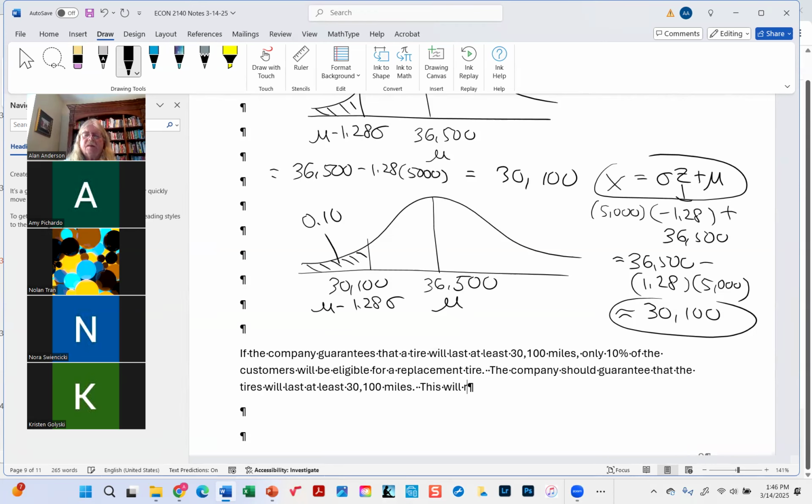This will result in no more than 10% replacements. That's what they're aiming for. They don't want to be overwhelmed by these requests for replacement tires. They want it to be a maximum of 10%.